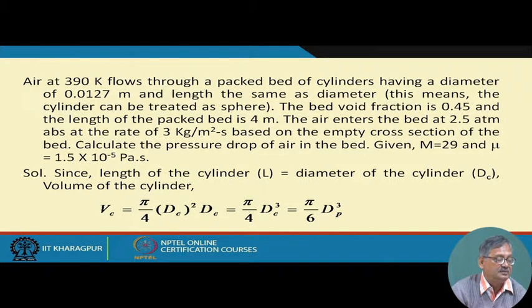So, I repeat: air at 390 Kelvin flows through a packed bed of cylinders having a diameter of 0.0127 meter and length the same as diameter. This means that the cylinder can be treated as a sphere. The bed void fraction is 0.45 and the length of the packed bed is 4 meter.